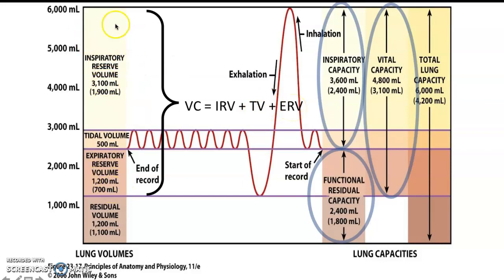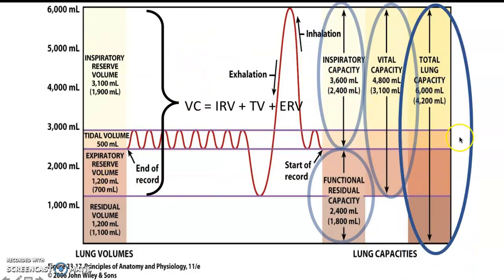So we can combine these 3 volumes to calculate the vital capacity. But also remember that the vital capacity could be considered as the sum of the inspiratory capacity plus the expiratory reserve volume as well. So there's more than one way to make this calculation.